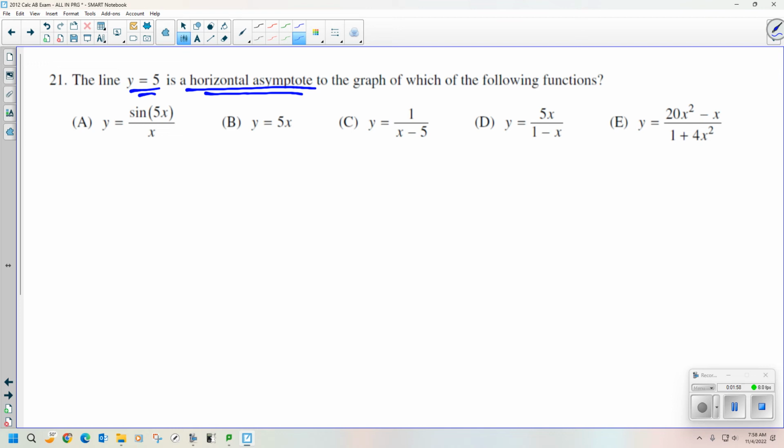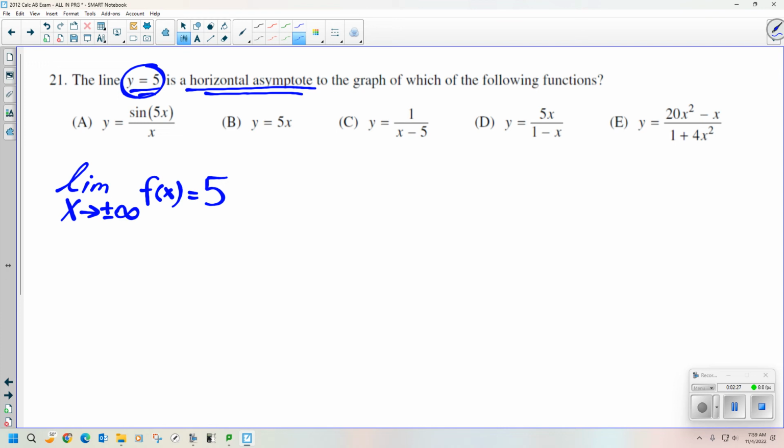So to get a horizontal asymptote, the limit as x goes to either positive or negative infinity of our function has to equal the value of our horizontal asymptote, which is 5 in this case. So one of these options, A, B, C, D, or E, should equal 5 when I take the limit as x goes to positive or negative infinity.